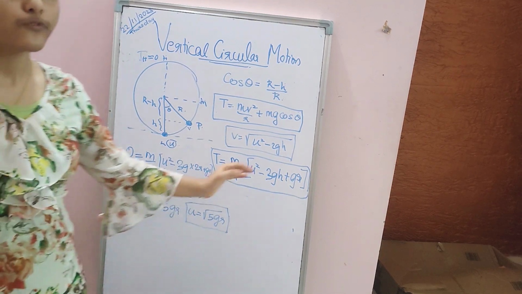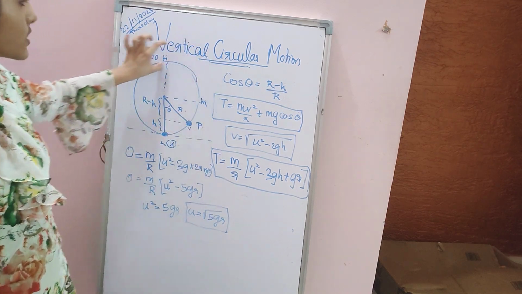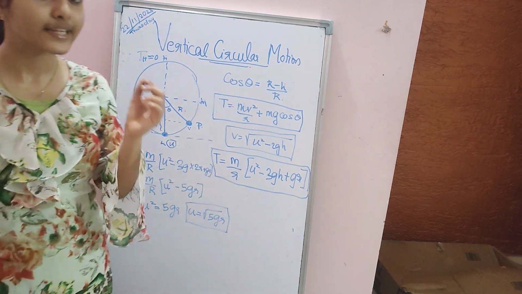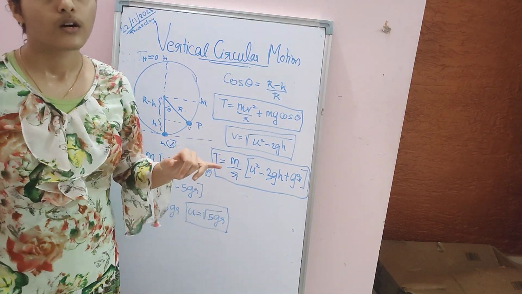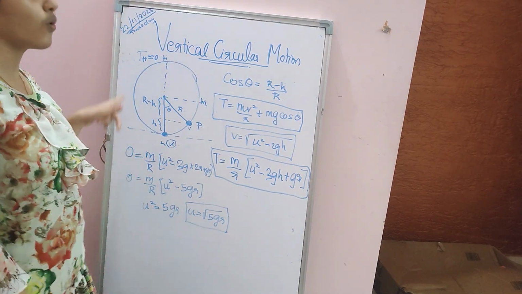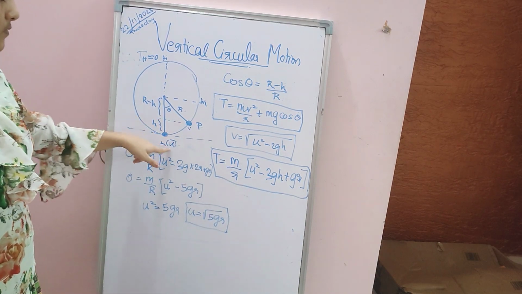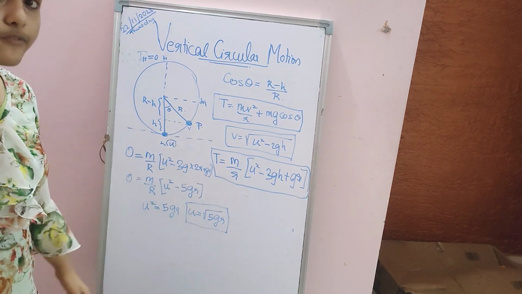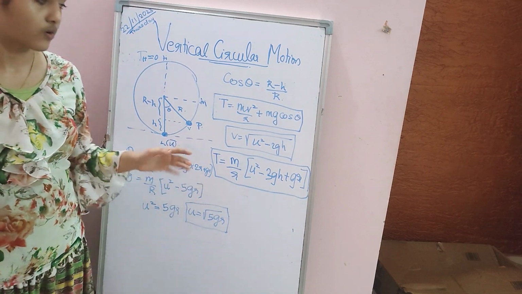U is equal to root 5gr means if the particle has to undergo this vertical circular motion completely, then it should have at least an initial velocity of root 5gr. Only then it can complete the whole vertical circular motion. So the minimum required velocity is root 5gr. If the initial velocity is less than root 5gr, then the particle cannot undergo the whole circular motion.